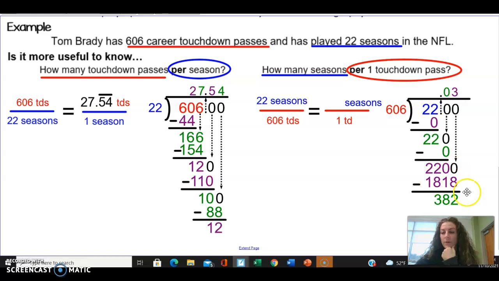Again, having to do some borrowing here. I can add another 0 to continue. How many times does it go into 3,820? 6 times. 6 times 6 is 36, so 6 times 606 would be 3,636. I subtract.